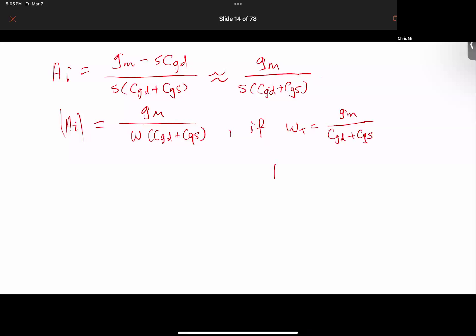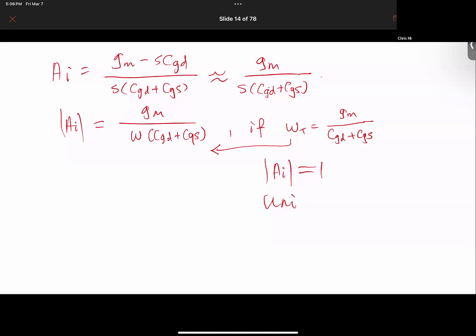If this is here, and we plug it back into this equation, with omega t replacing omega, what do you get? You get this equal to 1.